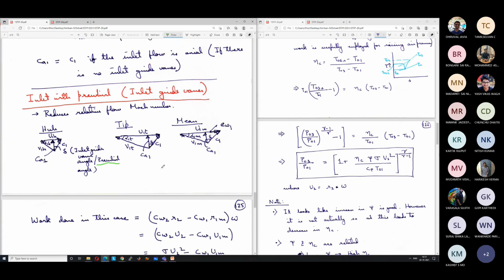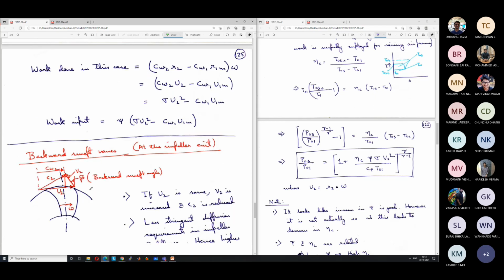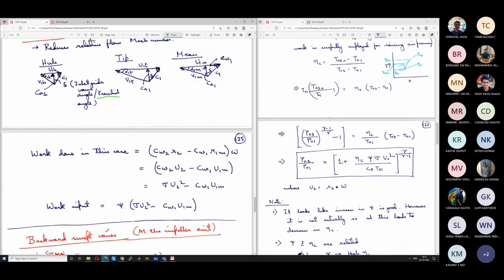Okay. So the advantage is that we can keep the relative velocity lower. So lesser frictional losses, and below Mach number, below sonic velocity, in the subsonic range, even at the tip. But the drawback is that our pressure rise across the stage is lower. Is it clear or any doubt?